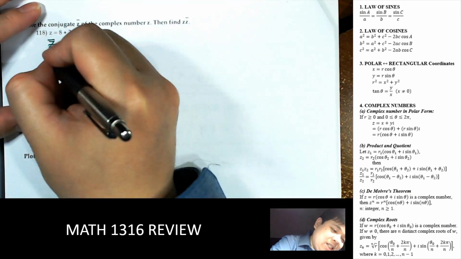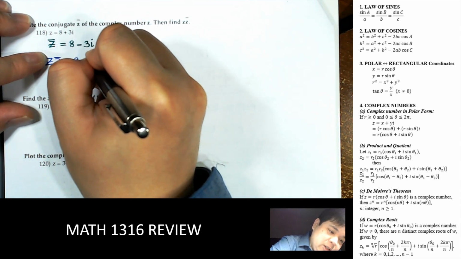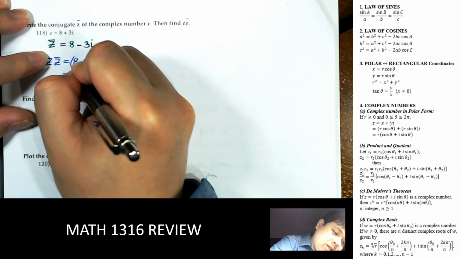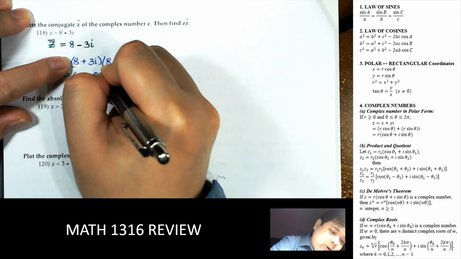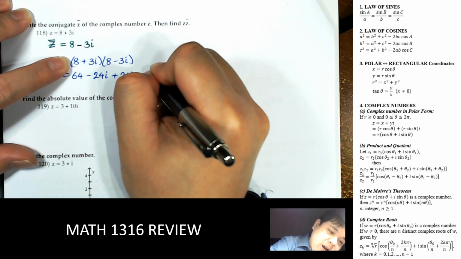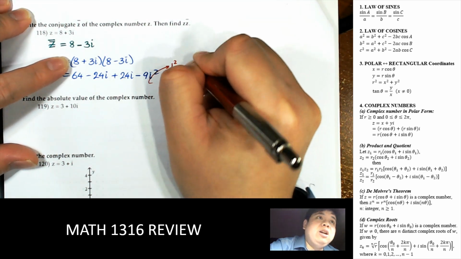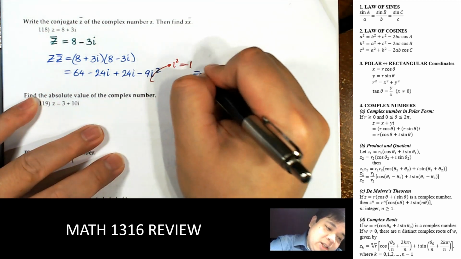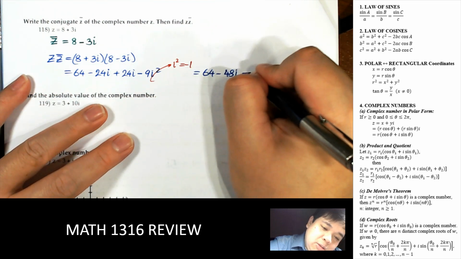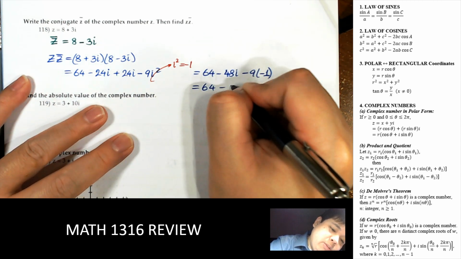Right, now multiply z and z's complex conjugate. z is 8 plus 3i, and the conjugate is 8 minus 3i. That will be 64 minus 24i plus 24i minus 9i squared. i squared is negative 1.